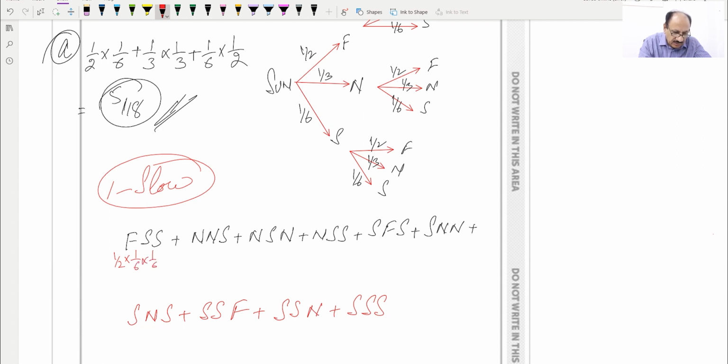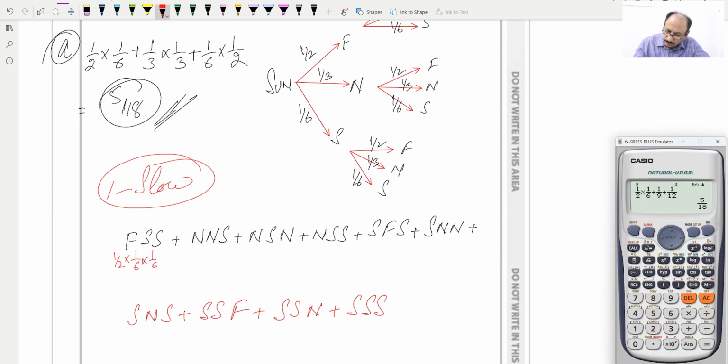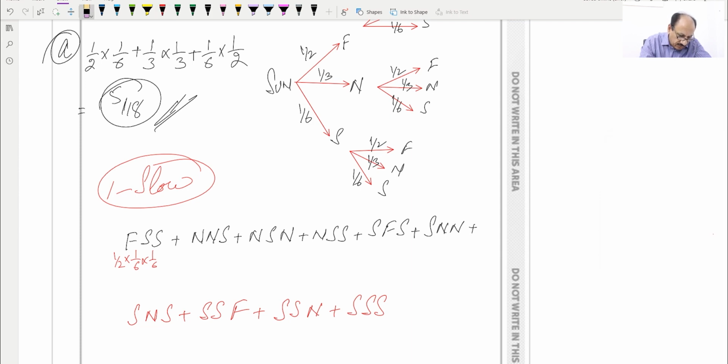So we can write it as 1 over 2 multiplied by 1 over 6 into 1 over 6, and this is giving us 1 over 72. So I will write for this one 1 over 72.